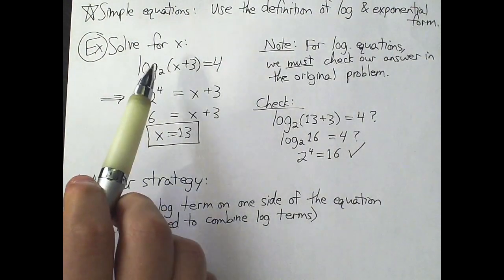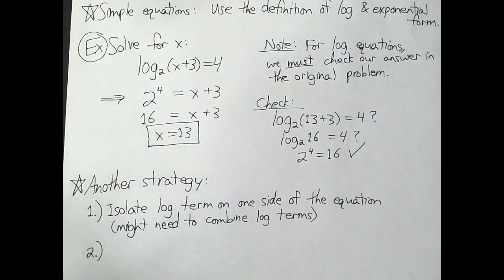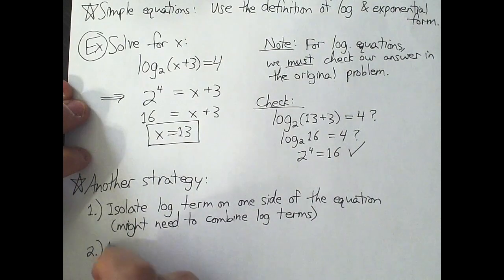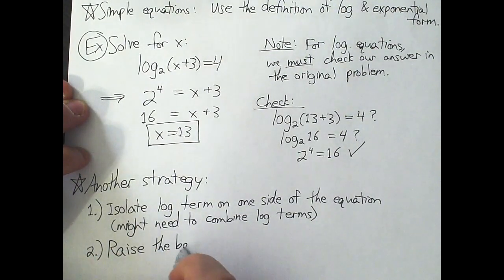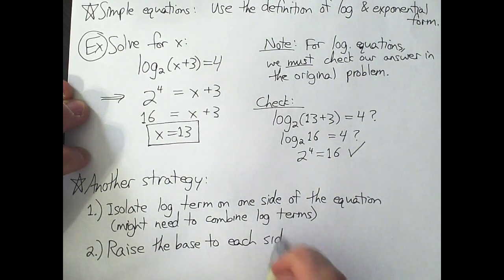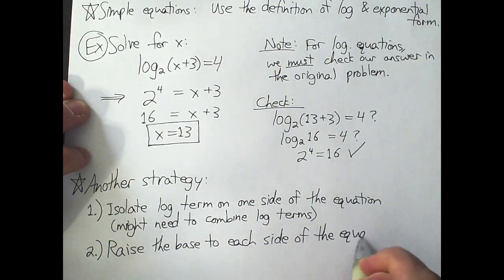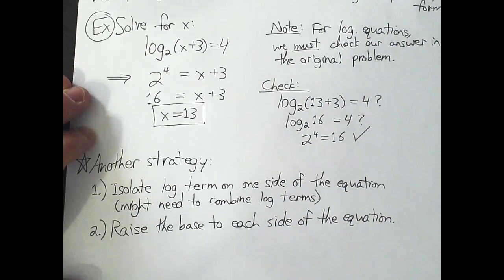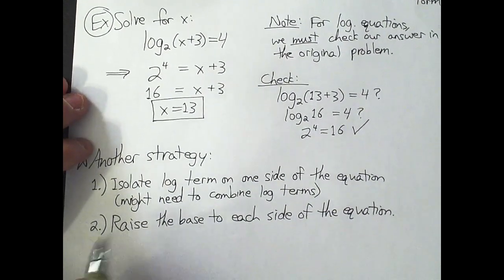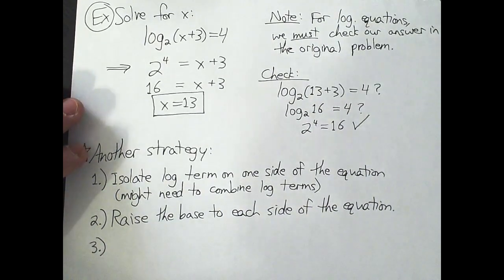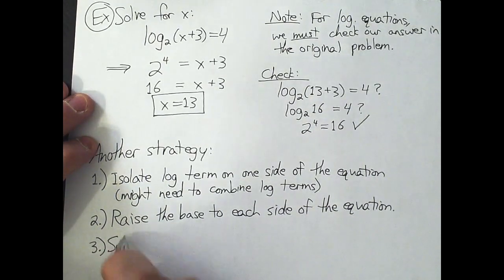You know, taking a log of a log is not going to help. What might help is raise the base to each side of the equation. So the left side will be base raised to the left-hand side equals base raised to the right-hand side. We're getting exponentials involved. And then step 3 is solve for the variable.